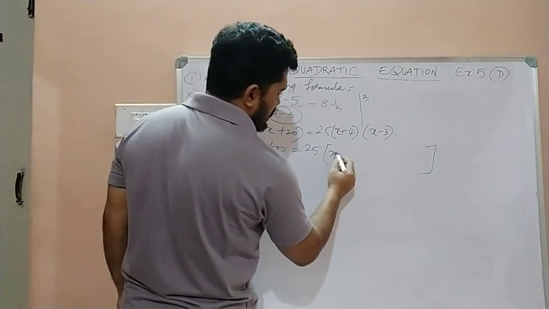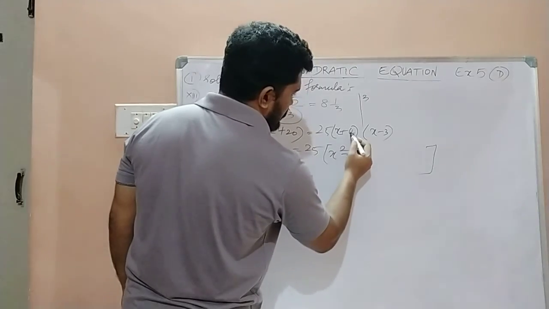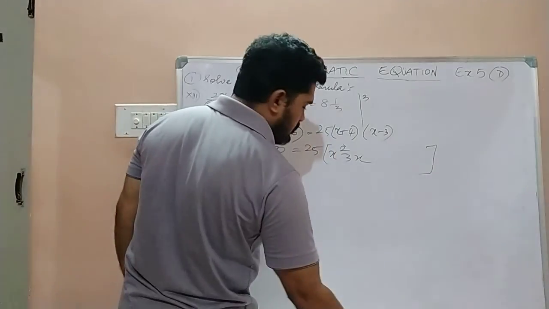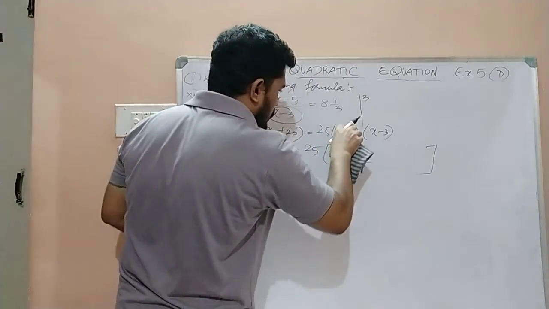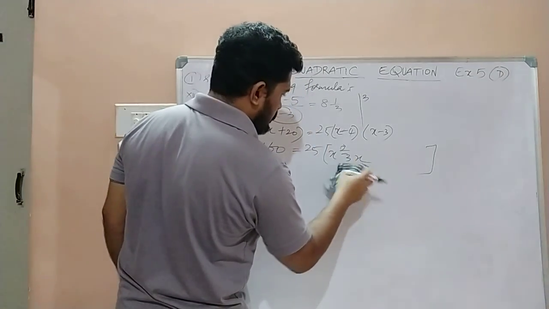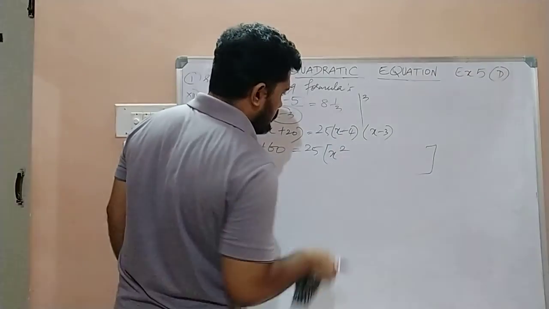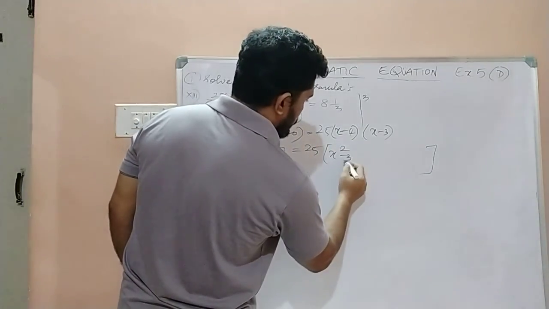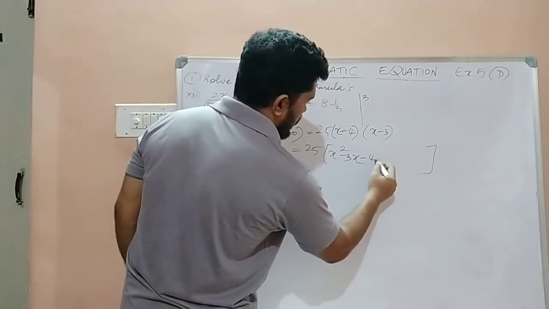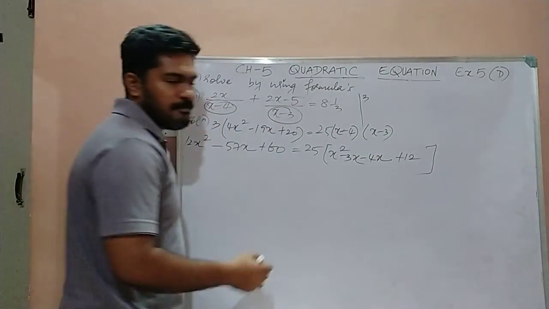X into x is x square, x into minus 3 is minus 3x, minus 4 into x is minus 4x, minus 4 into minus 3 is plus 12.